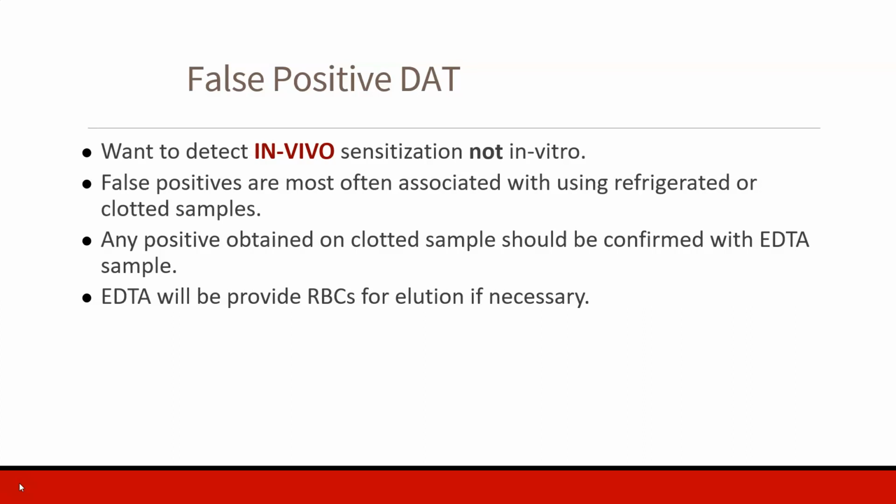In the clotted sample, there can be nonspecific coating of the cells with protein, and if you put it in the refrigerator, then there could be a false positive due to the red cells being clumped due to cold autoantibodies that are very, very strong. Any positive obtained on a clotted sample should be confirmed with the EDTA sample. And again, the EDTA will provide those red cells which are necessary.